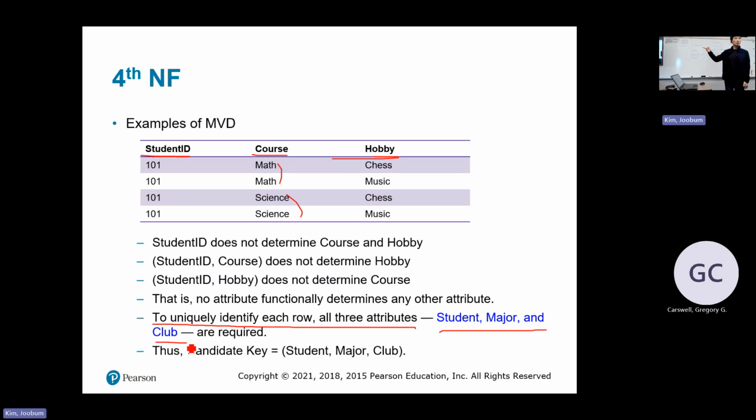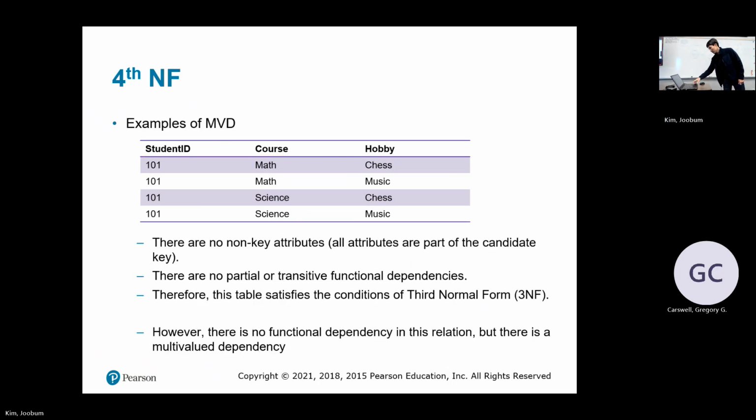Okay, but something is weird. There's no non-key attributes. We need all the columns to be a primary key determinant, right? So in this table, no non-key attribute. Student ID, course, hobbies are the composite entire key. That's why partial dependency and transitive functional dependency do not exist.